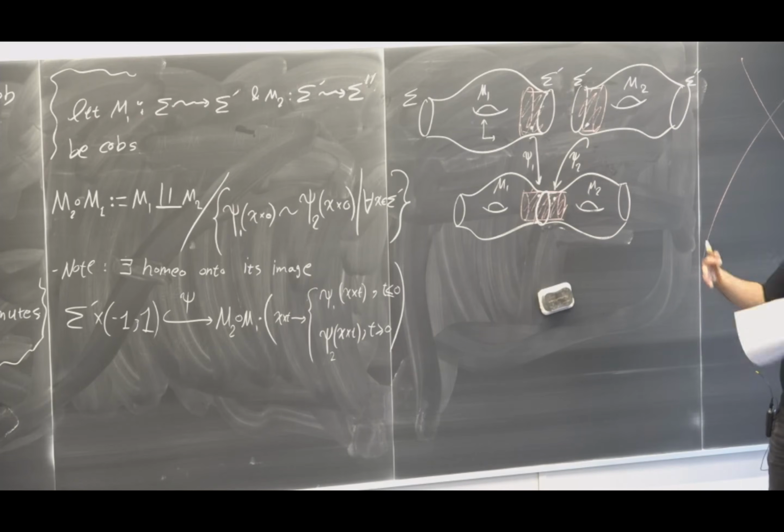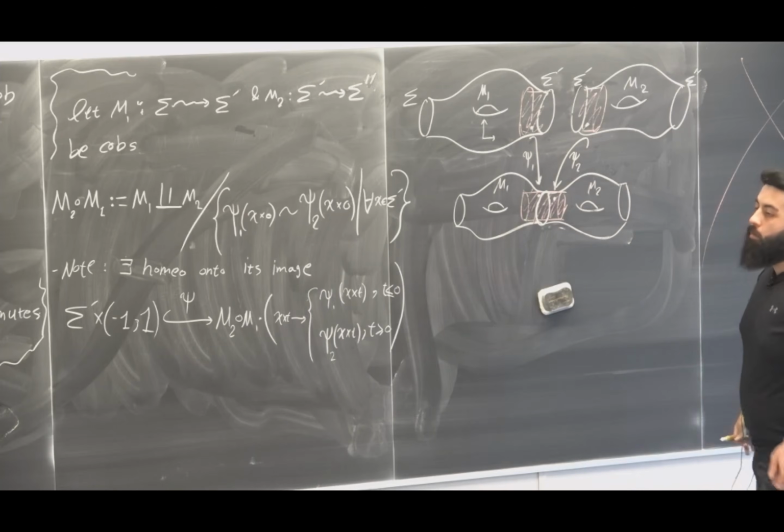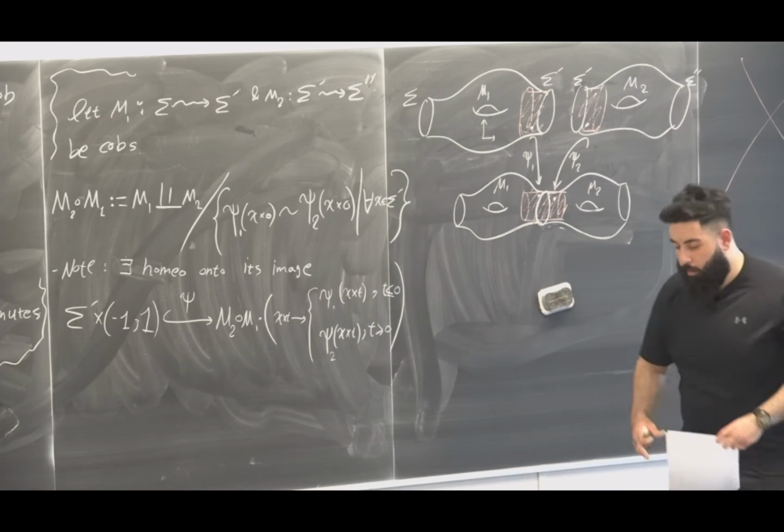So that's nice. Yes? It's still possible that M2 has a component that's in a separate path component from where the sigma prime interval comes in. There might be another piece of M2 out there somewhere. Oh, so like a disconnected component, yeah. So at least on the connected components where you have this collar identifying them, then yeah. For instance, you can use an orientation on one of the pieces and give the others.